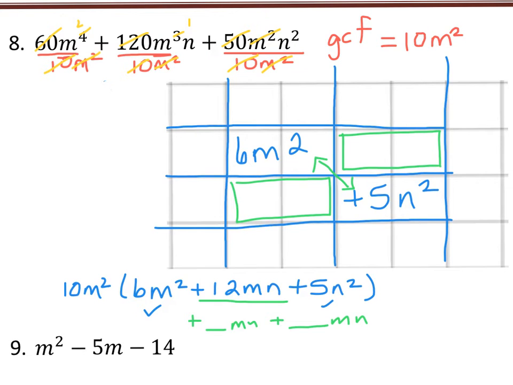And so that product is 30 m squared n squared. And so 6m squared times 5n squared is 30m squared n squared.